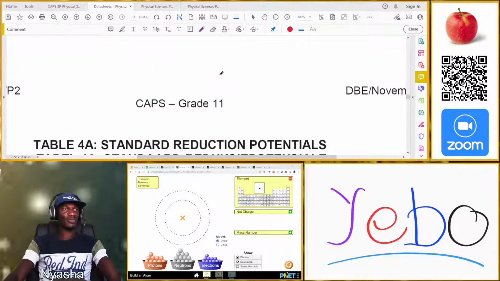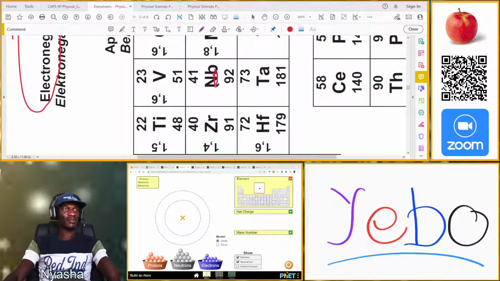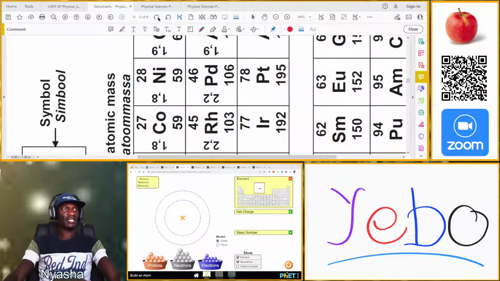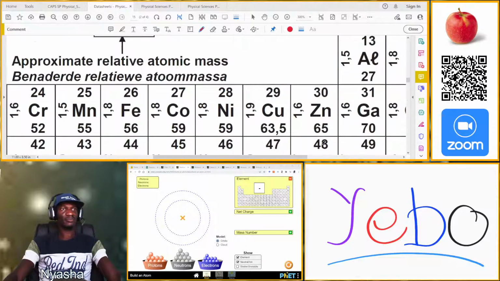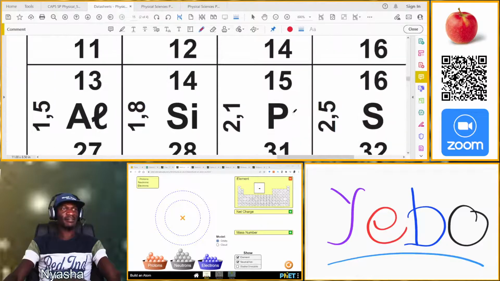So we do not want to look at the element. We want to just look at its properties. Let me rotate it once again. There we go.